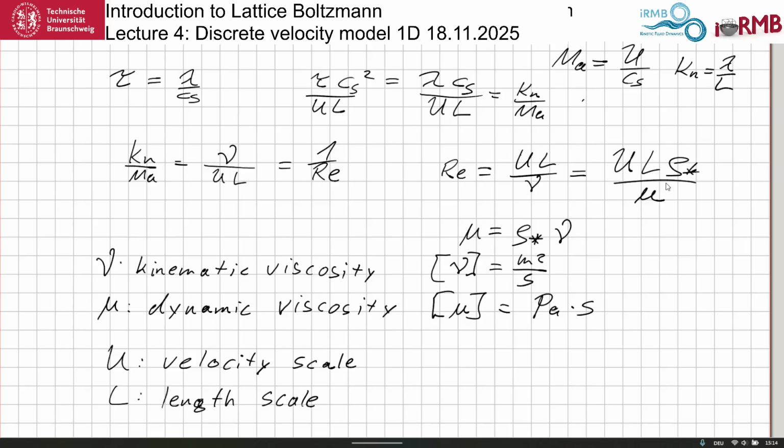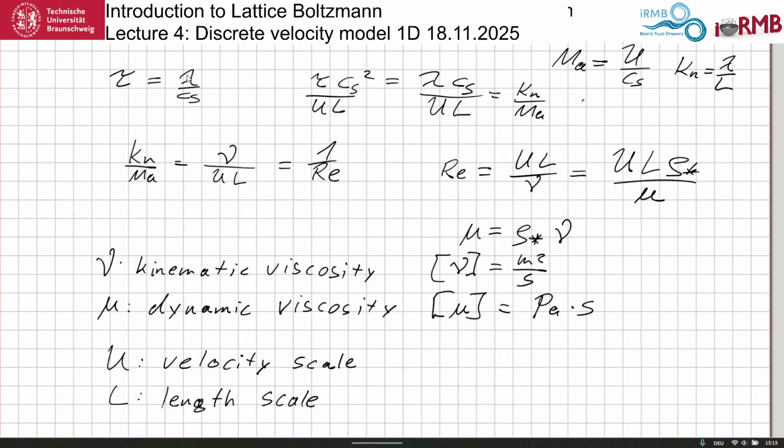It is independent of density, which is strange, because we multiply here with density, and then I say that this thing here is independent of density. How come?